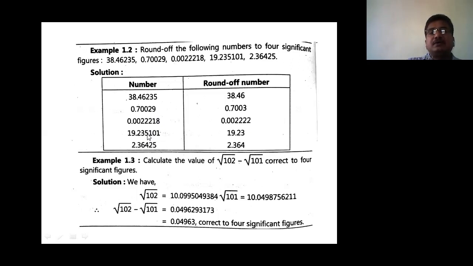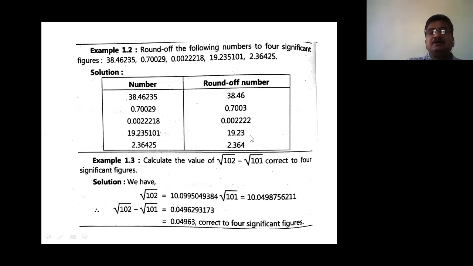So we have to round up this number to four significant figures, which means we have to discard 5, 1, 0, 1. So this 5 is exactly 5, and the previous number is odd, so increase by 1. So 19.24. Here is a mistake.